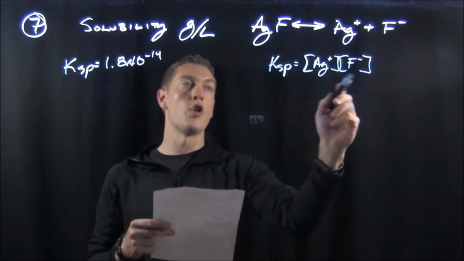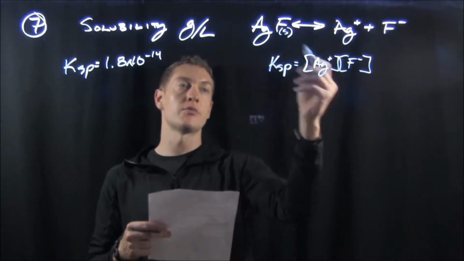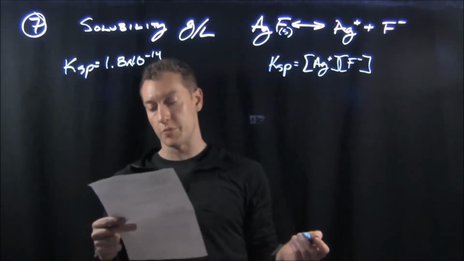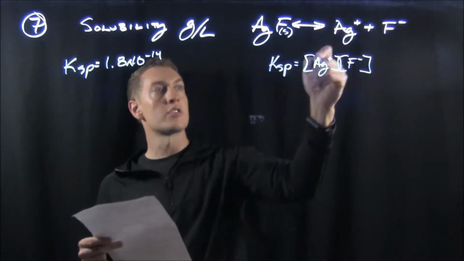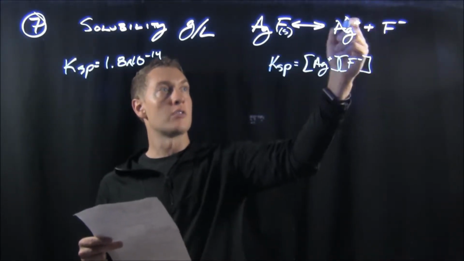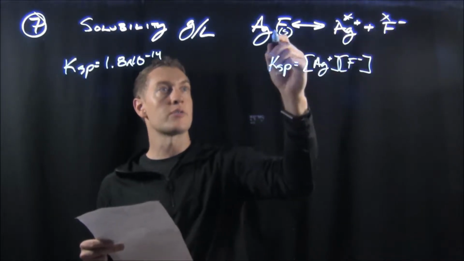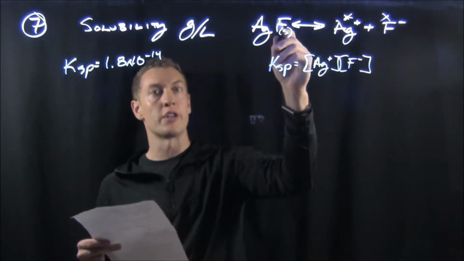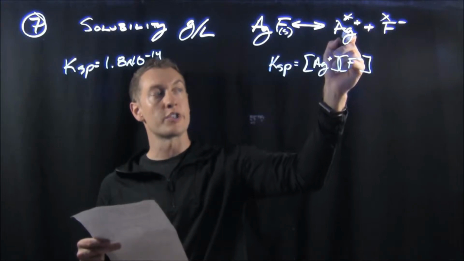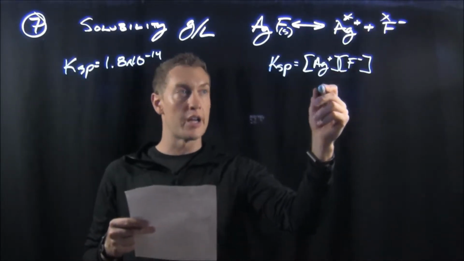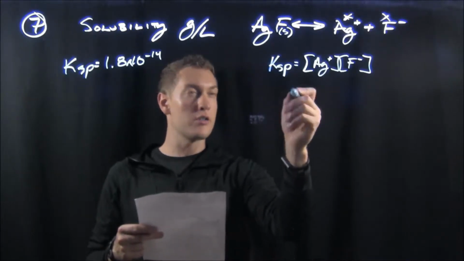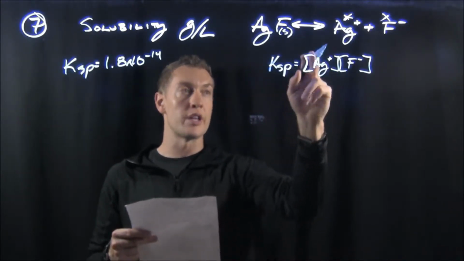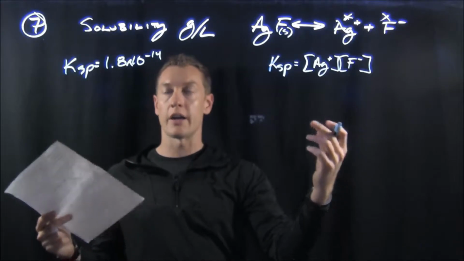That would be over 1 because this guy's a solid, so it doesn't get included in equilibrium expressions. And so that means, since these guys are going to be both X, if X amount of silver fluoride dissolves, you'd get X amount of silver ion, X amount of fluoride ion. So you can substitute X and put it in there. So you end up with Ksp equals X times X, or X squared.